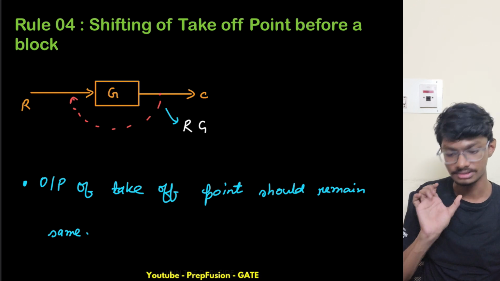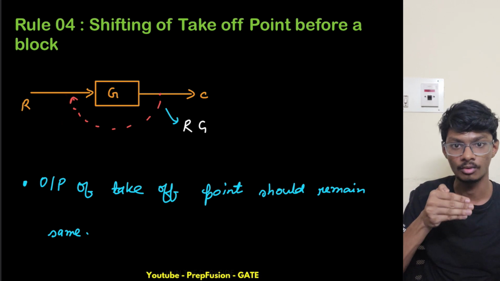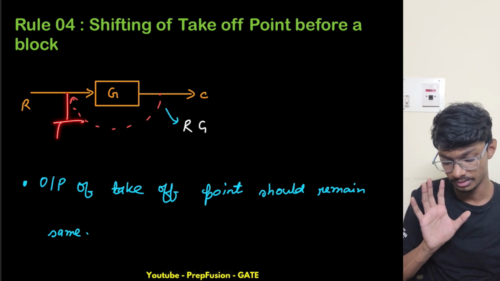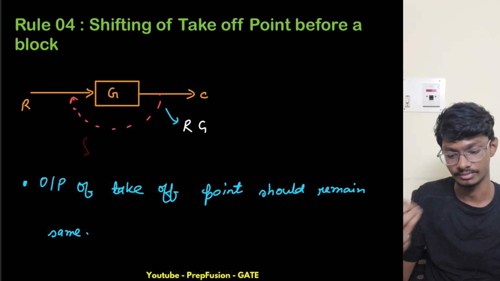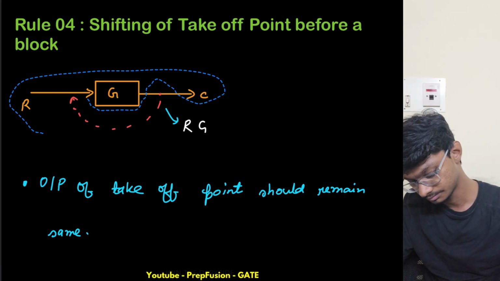So what I will do here is place another gain block here and take the output from that gain block, and I will get R times G. That's the reason there will be a gain block here. I need the same output, so let me copy this.